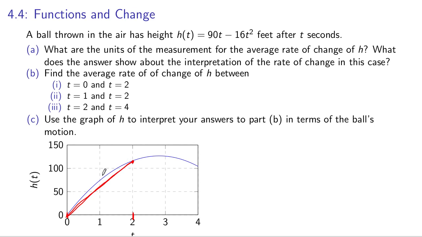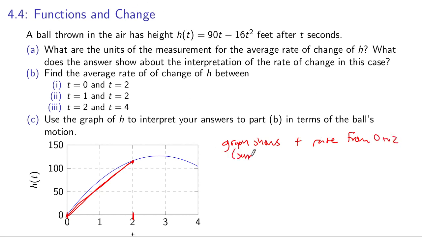And we can see that the average velocity is going to be positive from 0 to 2. So the graph shows a positive rate from 0 to 2.